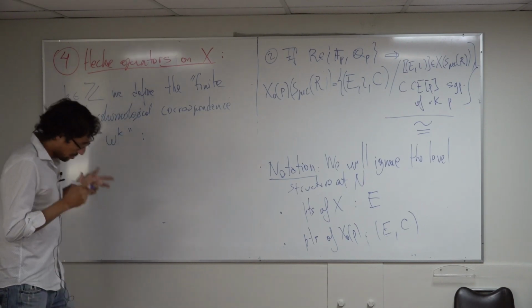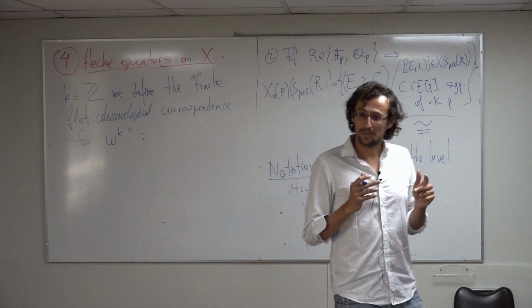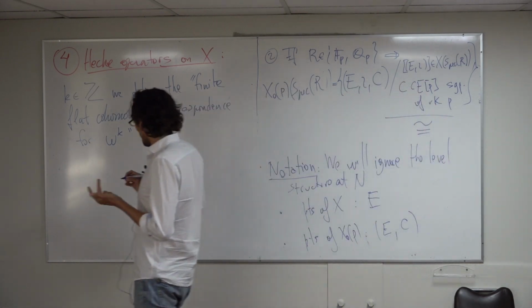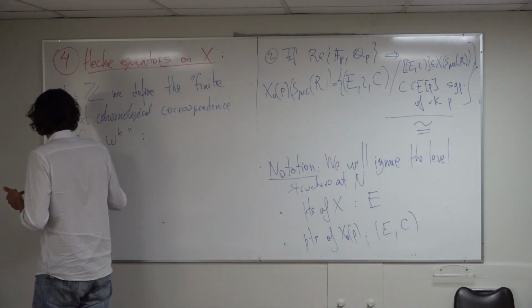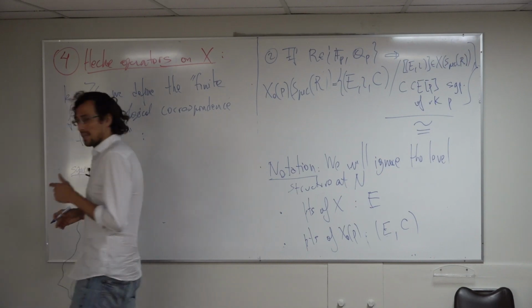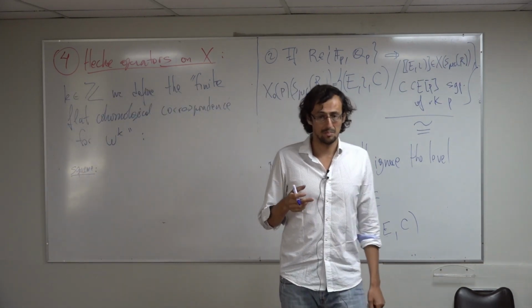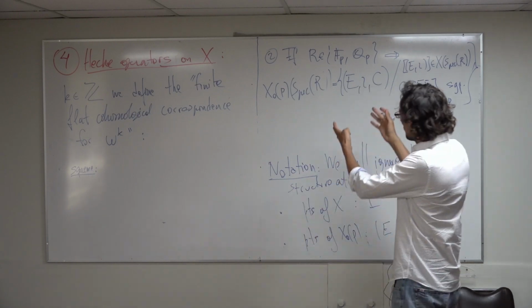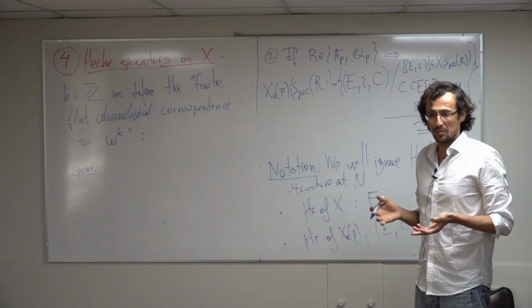The cohomological correspondence has two data. The first one was a scheme plus two maps. Here we produce X_0(p) to be the scheme.